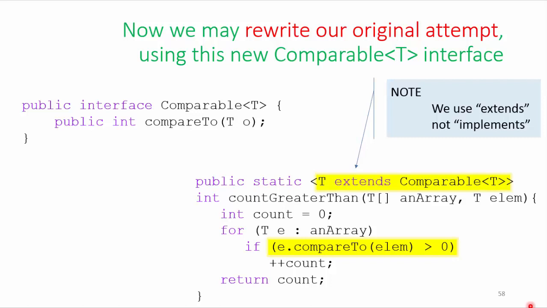Tiny little remark here. We use the keyword extends, okay? So don't get confused and think, well, this is an interface, so maybe I should use implements here. No. Again, the word extends, used here inside our definition of the type parameter, is to mean subclassing. So we are saying that the data type T, no matter what it is, subclasses Comparable of T. And we use that, like you saw in our example, whether Comparable of T on the right-hand side is an interface or a class or anything.